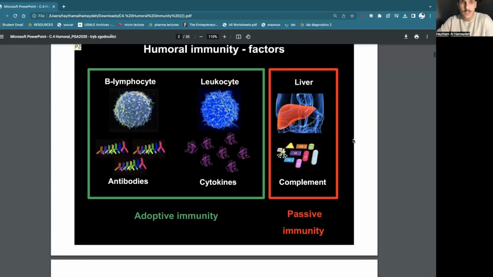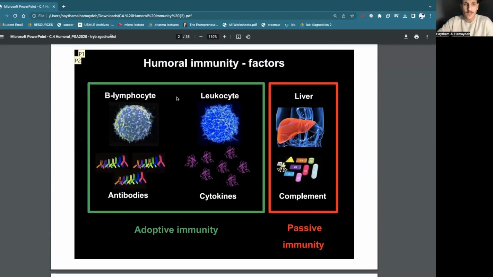First of all, what produces antibodies? As we know, B cells, or memory cells when we have a secondary response. Leukocytes produce cytokines to help activate other cells, and the liver produces the complement.